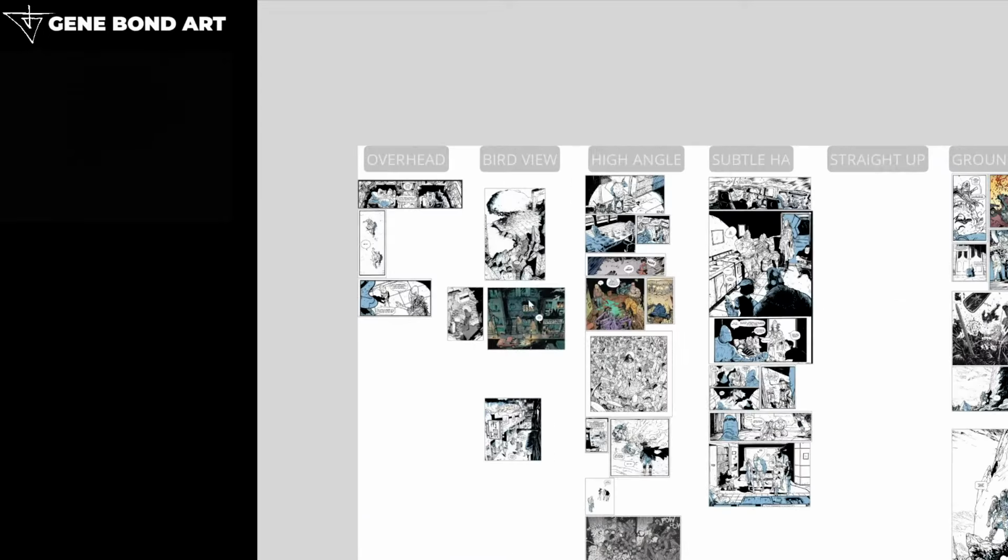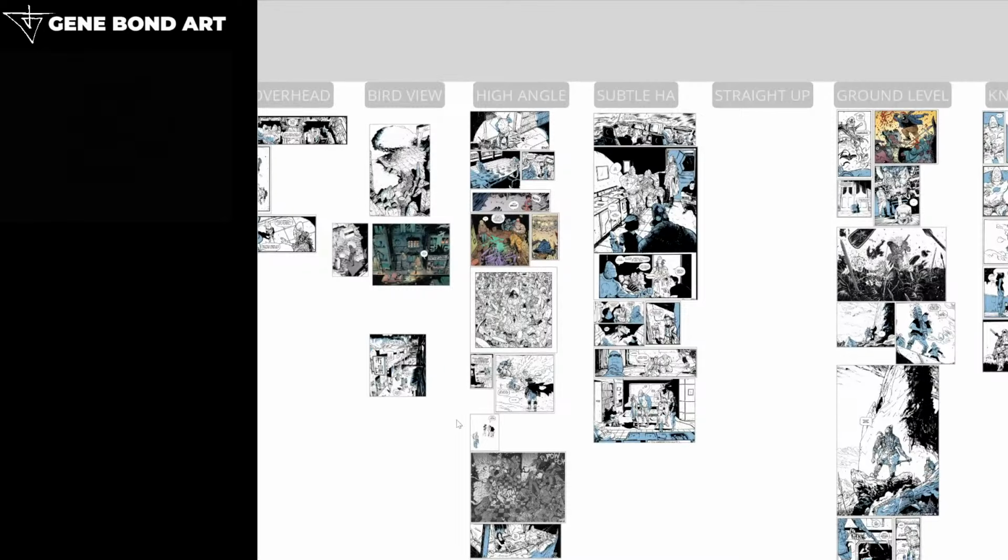So I had this pref where I sort images into camera angles. But then I have another pref where I sort into frames by how many characters are in a frame. So let me see.